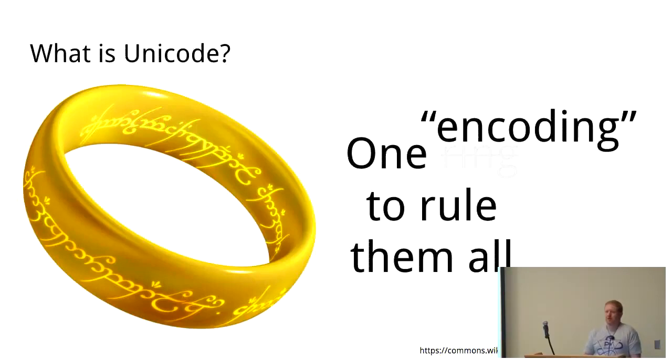So Unicode was made to solve this problem of, I have text that is in some encoding, but as we saw on the other slides, the same byte value can mean different things in different encodings. So Unicode is meant to be an unambiguous character encoding mapping from bytes to characters.